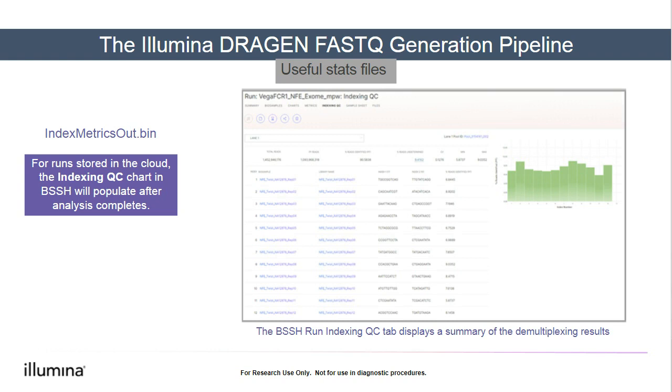For cloud, hybrid, and local runs that use cloud storage, the indexing QC chart in the BaseSpace run summary page will populate upon the completion of the analysis and the completion of the file upload for hybrid and local runs. For local runs that only use local storage, the indexing QC metrics tab can be viewed in SAV.